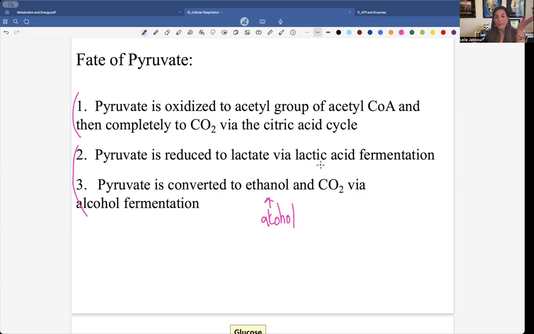Our body can do lactic acid fermentation, and that's what happens when we don't breathe enough oxygen when we're exercising. We don't exhale CO2 because in the process we're making lactate. But I'm showing you that there are three outcomes possible for pyruvate. We're going to focus on the normal outcome of pyruvate as normal cellular respiration is taking place.